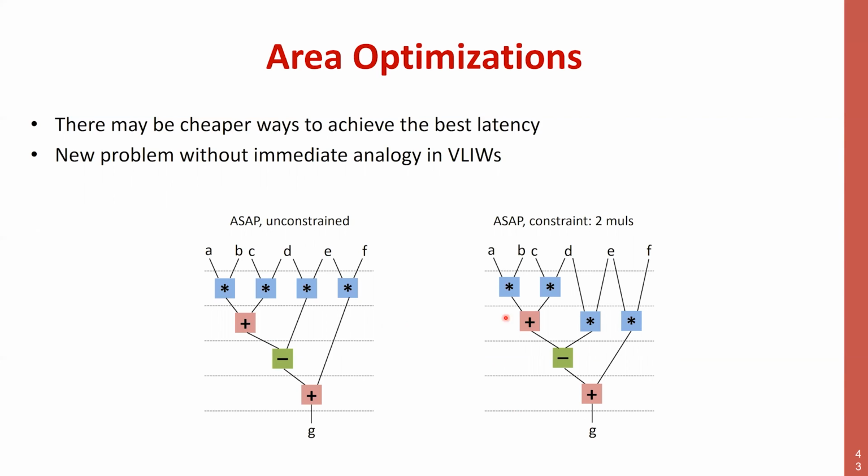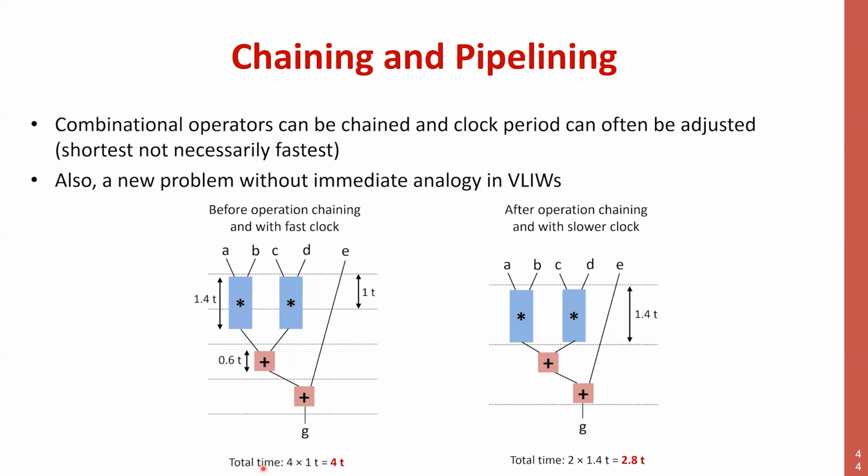You will not care when you do it, but now you do care and you would like to achieve this schedule if you can, because it's actually simply better than this one. And this is something that has no immediate analogy in the VLIW world, right? In the VLIW world, you do either one depending on how many multipliers you have, and that's it.